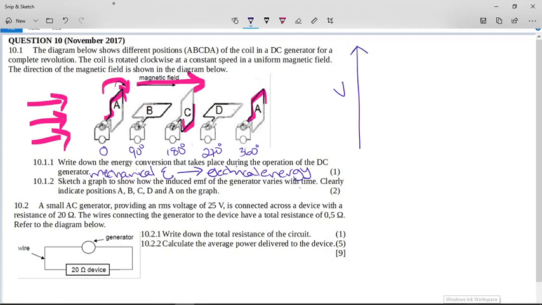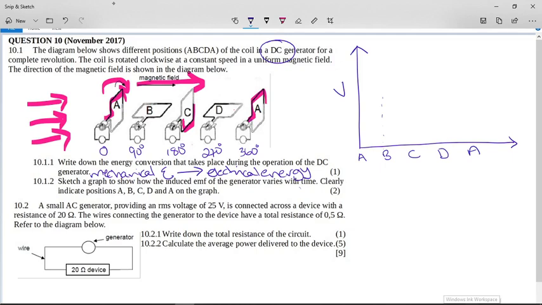And this is, look here, DC. So DC, we don't need the sine curve, so I can put the x-axis on the bottom. And then I need positions A, B, C, D, and A, because it says clearly mark them.